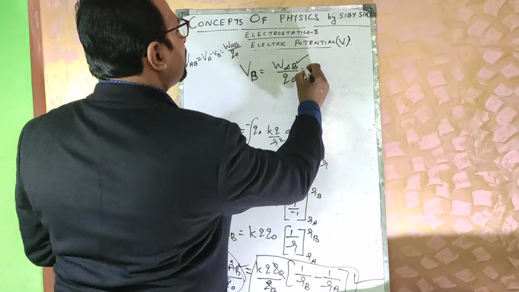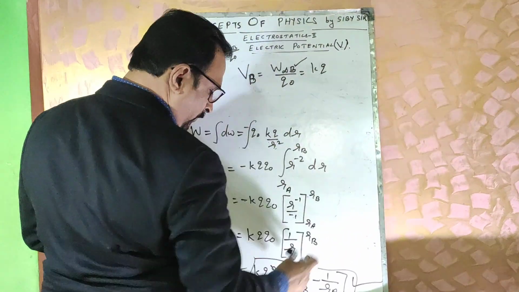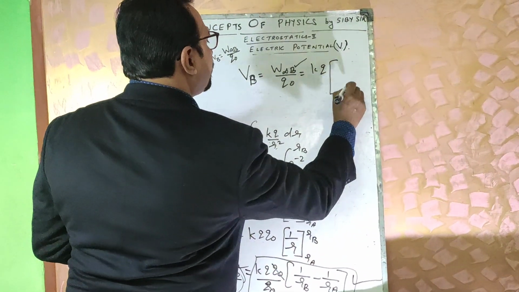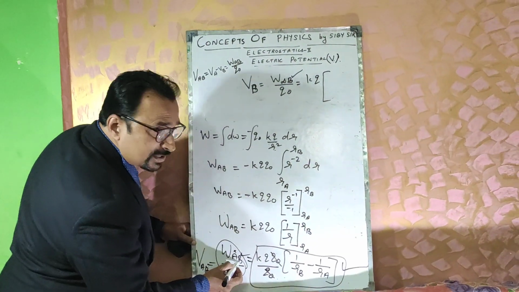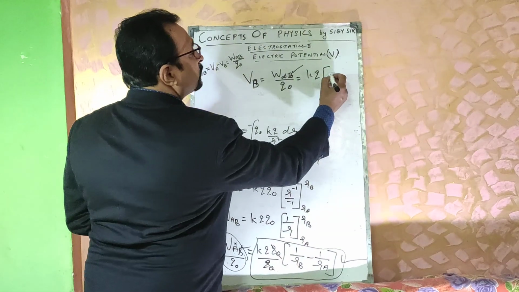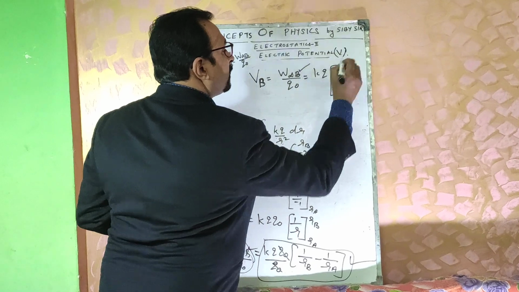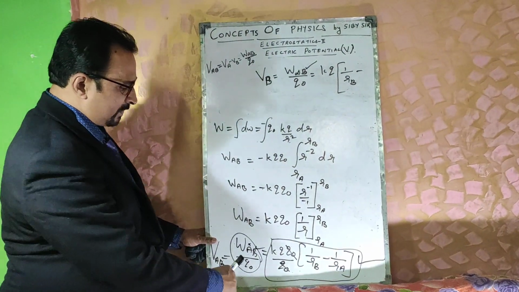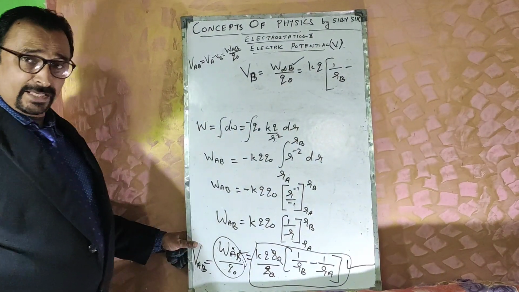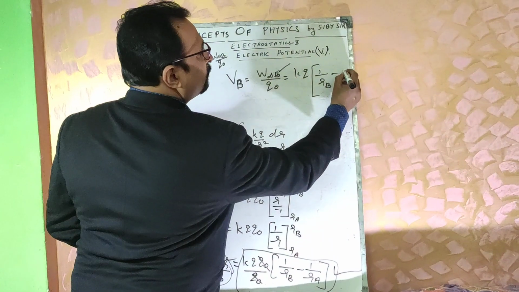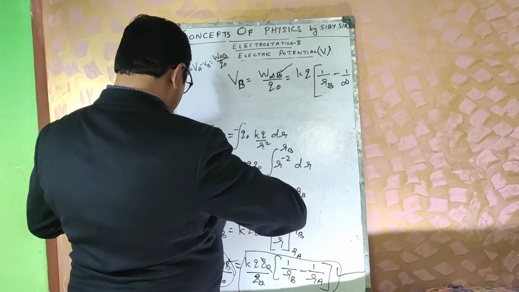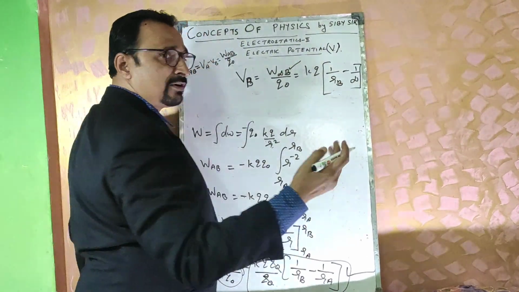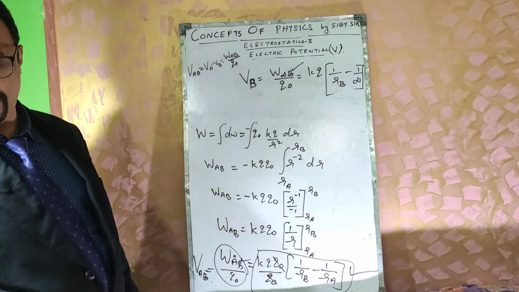So, what are you getting? Your answer is KQ bracket. Instead of 1 by RB, there is no change because here also B and here also B. So, it will be 1 by RB minus 1 by RA. What is your RA now? RA is infinity. So, it will be 1 by infinity. And what is 1 upon infinity? It is 0. Right?